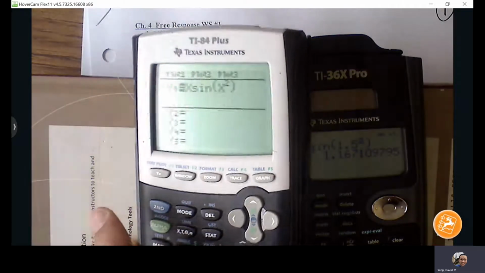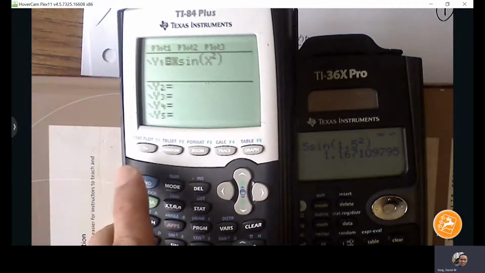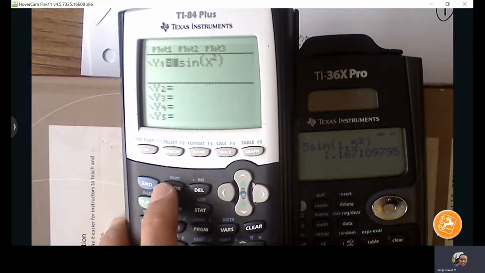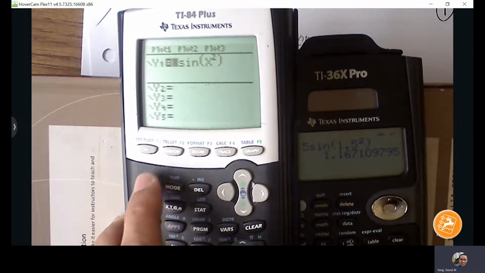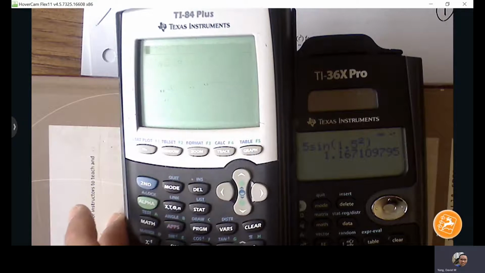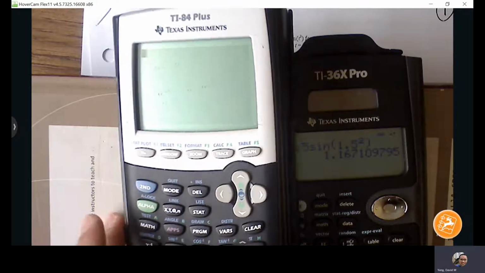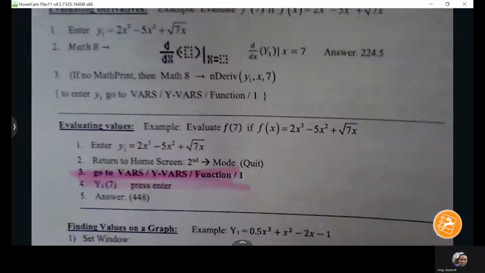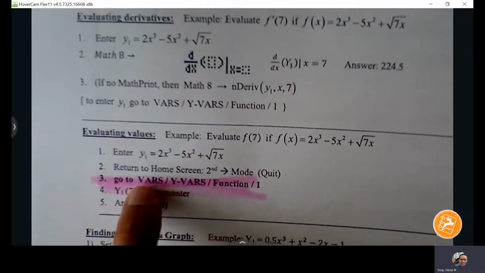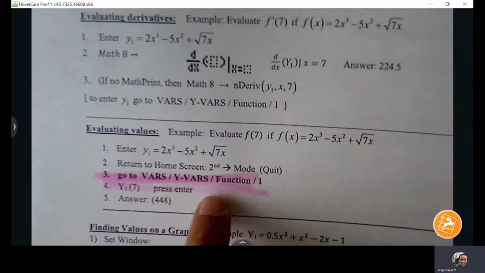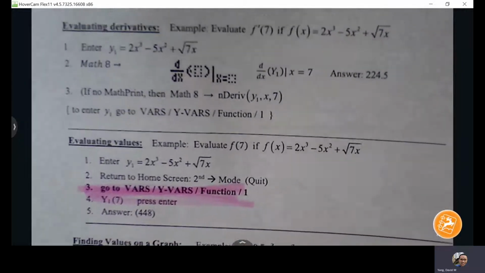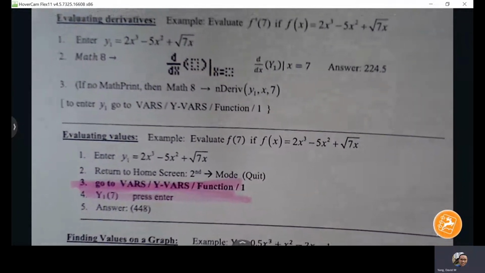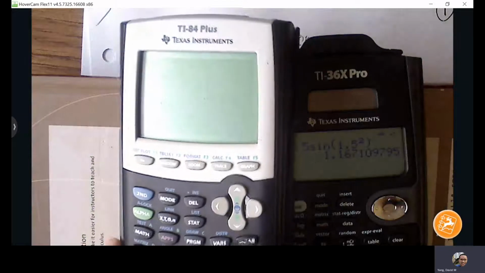So if I did x sine x squared into my graphing calculator, you go back to your home screen. If we do second mode, it'll take you back to your home screen. Now I'm going to call the function. On your calculator sheet, I highlighted the steps here. It says vars, y-vars, function, 1. That will allow you to pull that x sine x squared from y1.